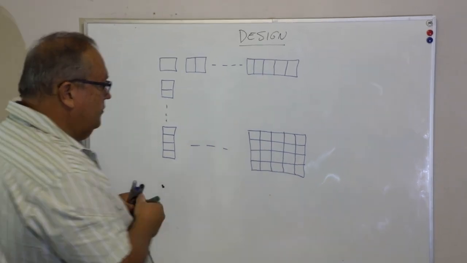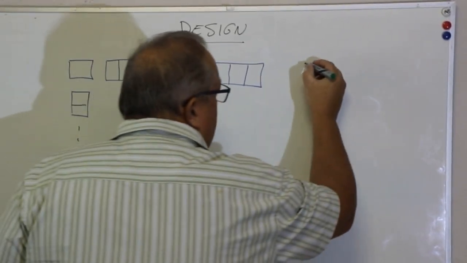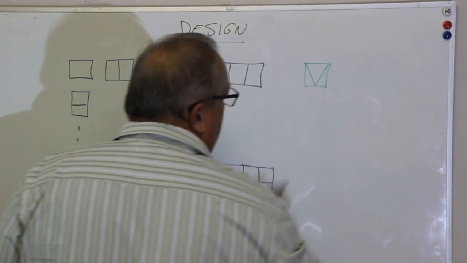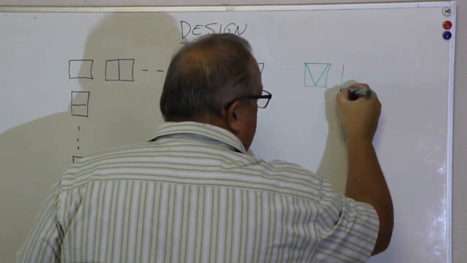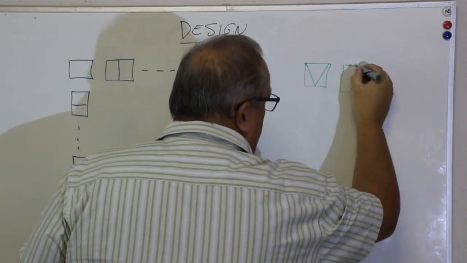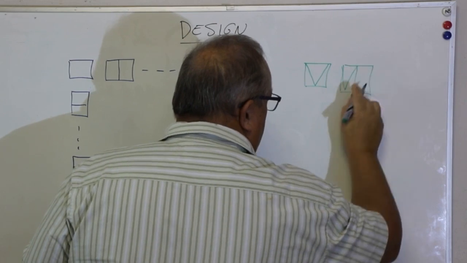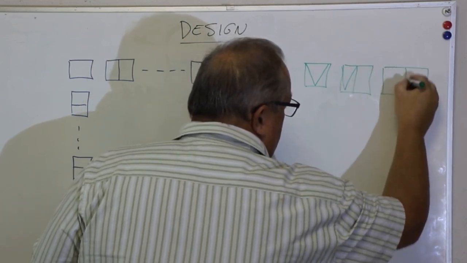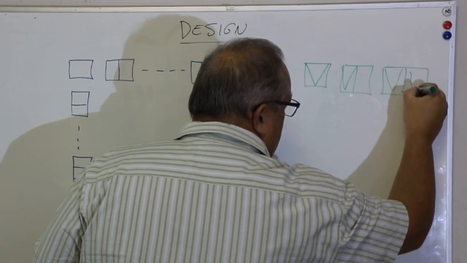Also, we don't give you just a single top-hand sash. We would give you a top-hand sash next to a fixed pane. We give you a top-hand sash next to another top-hand sash.